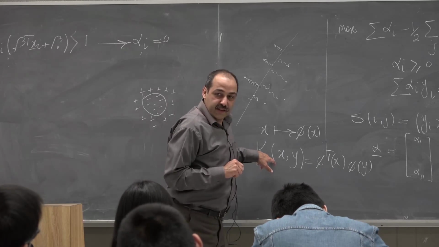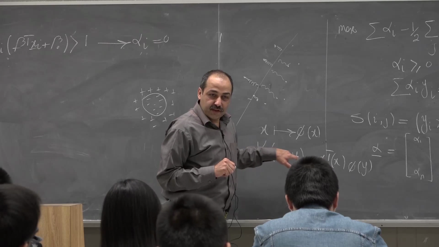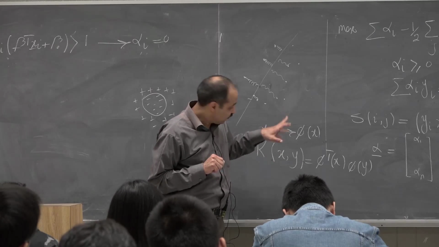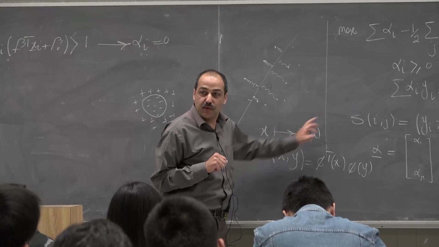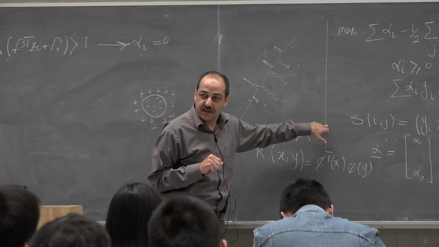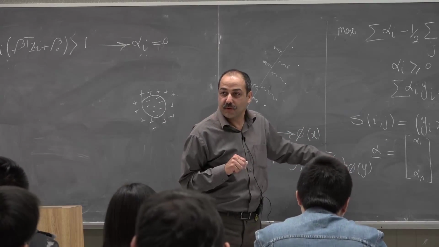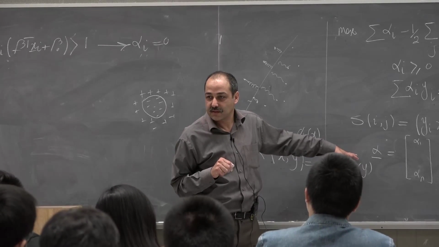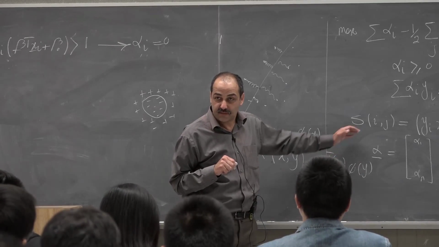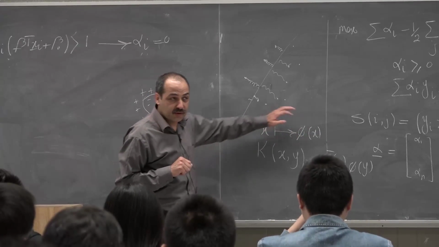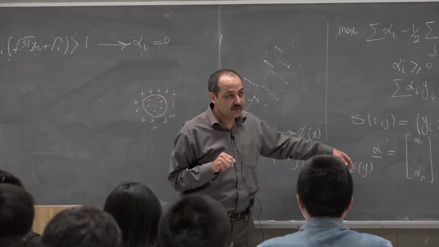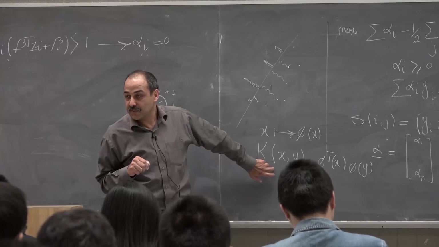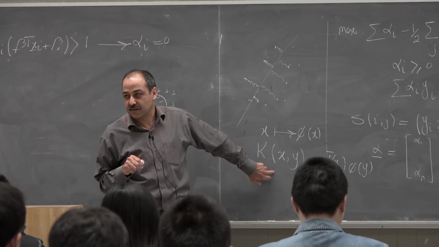So there are some functions that, if you apply them to, say, two data points or two vectors, it's as if you first map those points to some higher dimensional space and then compute a dot product between points in the new space. Okay, this is a Hilbert space, in fact. If you map these points in this Hilbert space, the dot product or the inner product of points in this Hilbert space corresponds to some function in the original space, and this function is called a kernel function.